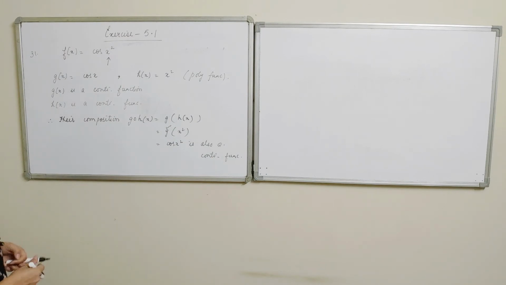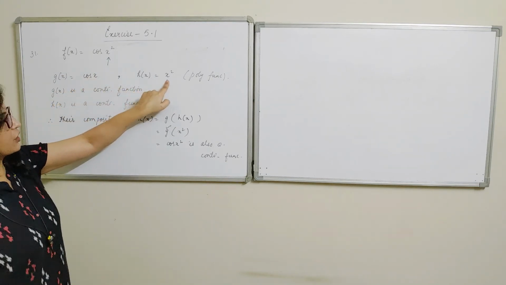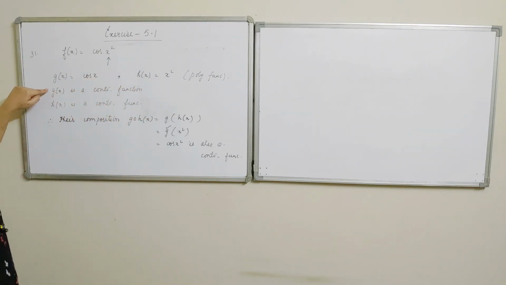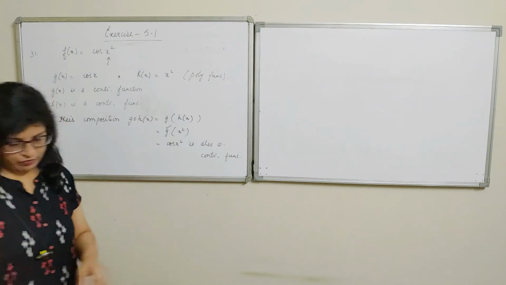Here we have used one important result: if we have a composite function and its component functions g(x) and h(x) are continuous, then the composition of the functions will also be a continuous function.